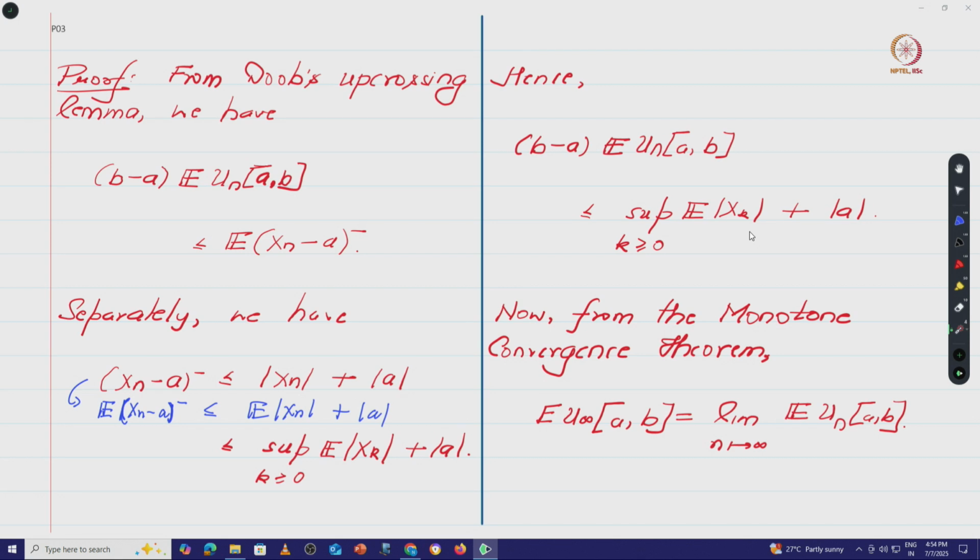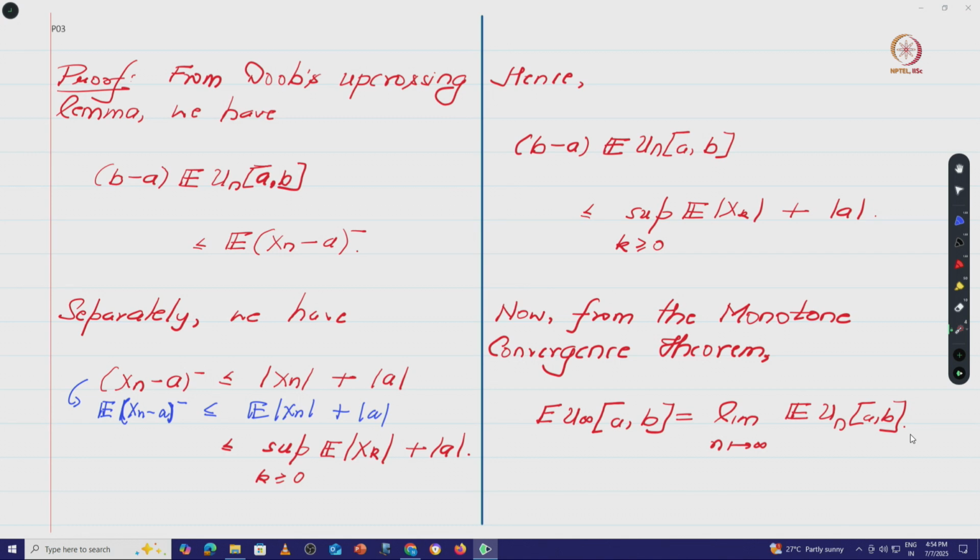Now because this relationship holds and U infinity is a monotone limit of the Un's, we can invoke the monotone convergence theorem to conclude that the expected value of U infinity is the limit of these expectations.